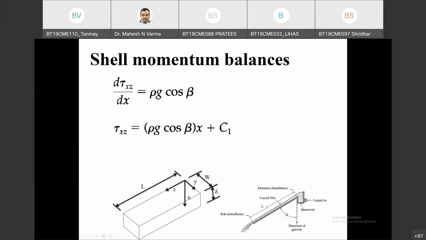Observing this, this is the topmost layer, where there is a liquid air interface, where I can define a flux.